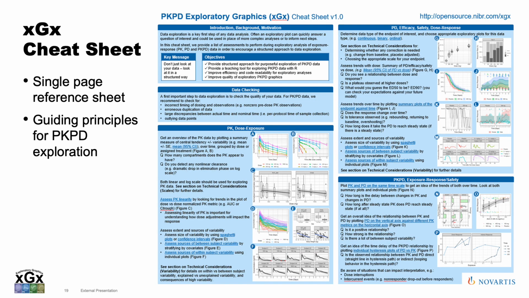In addition to the xGx website, R Markdown documents, and xGxR package, we also have created the exploratory graphics cheat sheet. Our cheat sheet is a single page, front and back, reference sheet summarizing the key information from the xGx website. It contains the key steps, key questions, and graphs to go along with each step of data exploration.